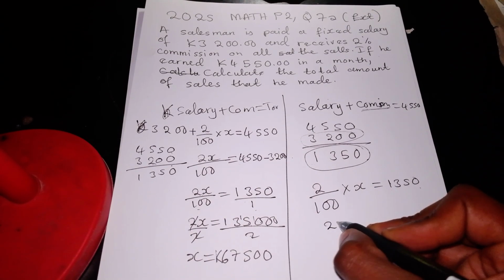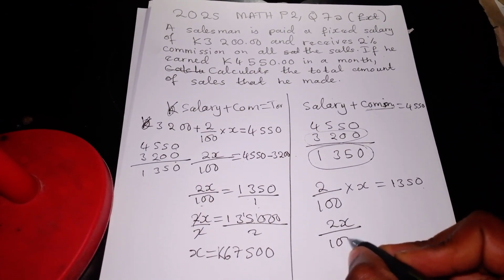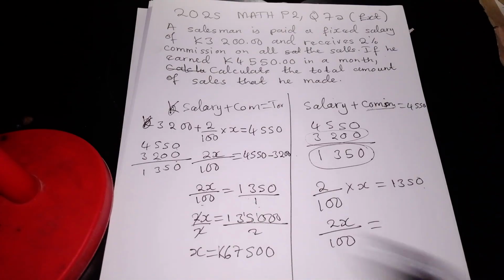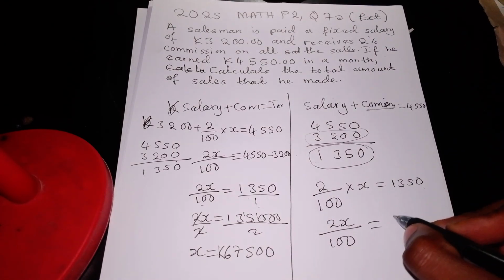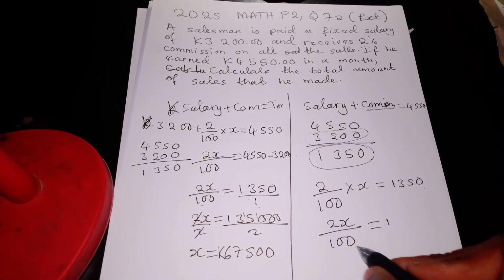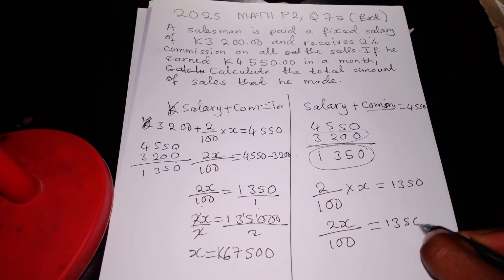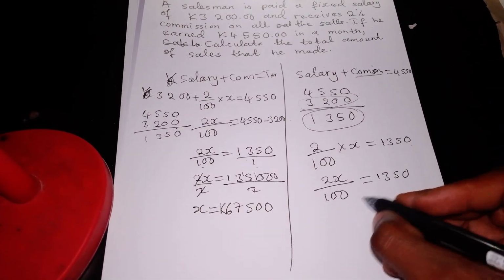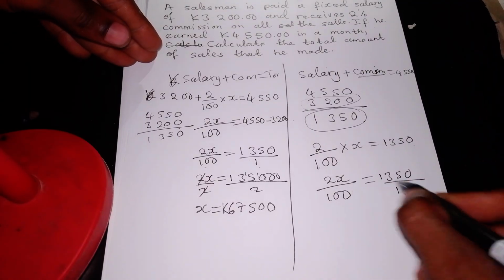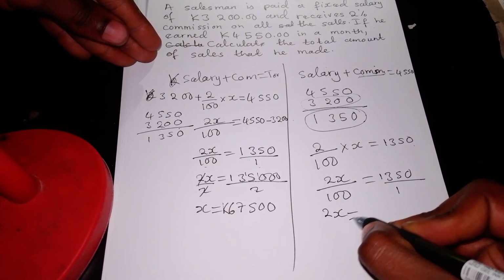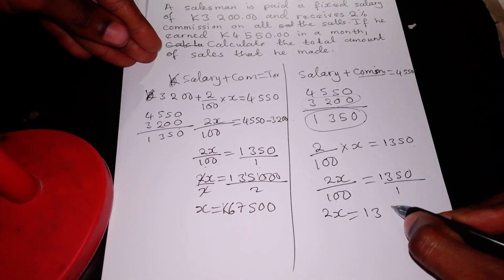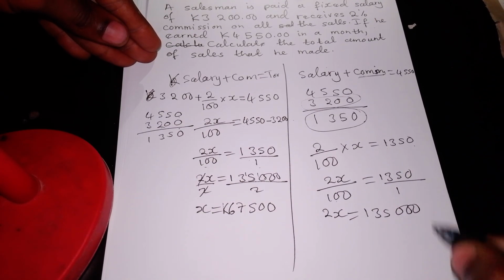So now let's solve for this. This times this, you have 2x over 100. When you cross multiply, you have 2x, then this by that, you have 135,000.